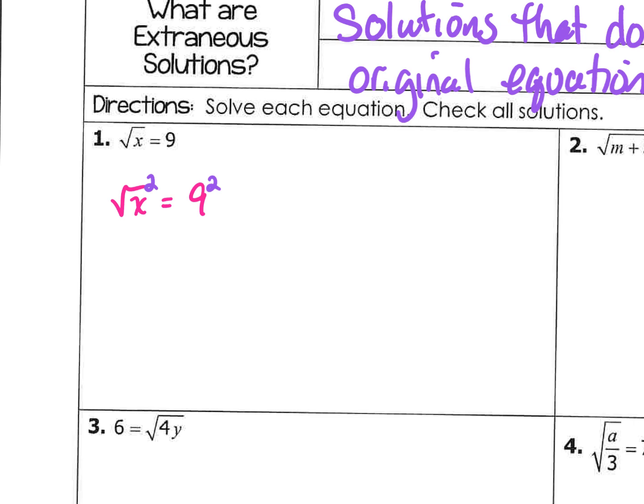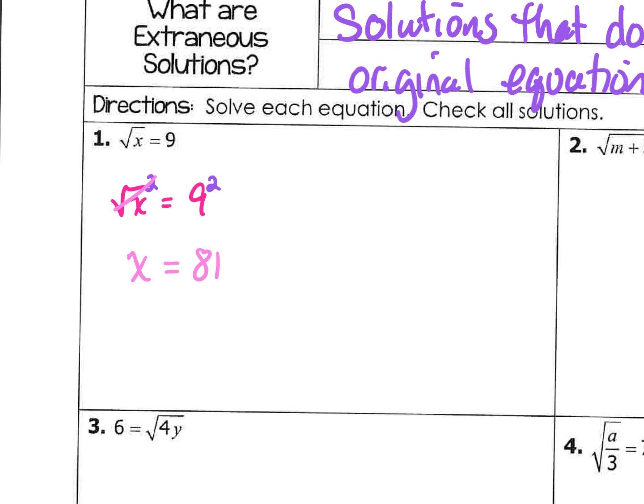So the square root squared cancels each other out, and I'm left with x is equal to 81. Squaring a square root cancels it out. It's the opposite of it.